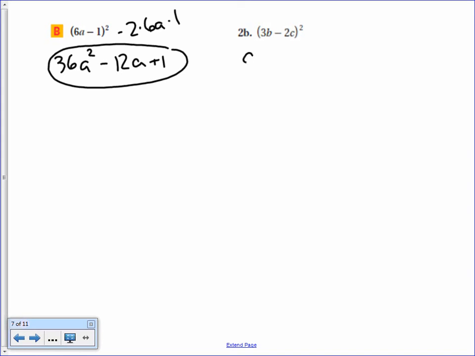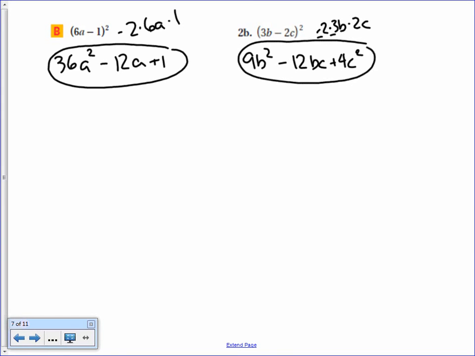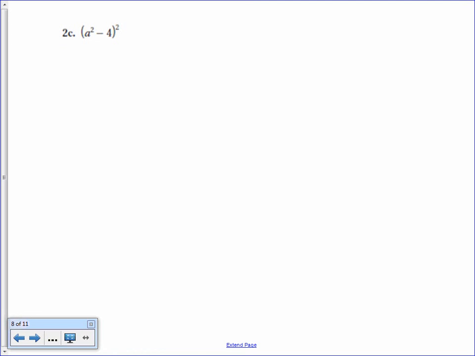So 3b times 3b will give me 9b squared. Negative 2 times 3b times 2c, that'll give me negative 12bc. And then 2c squared. So 2c times 2c will give me 4c squared. And that is your answer for that one.